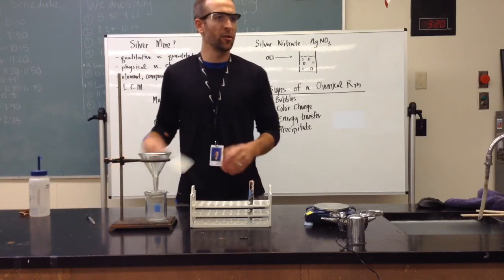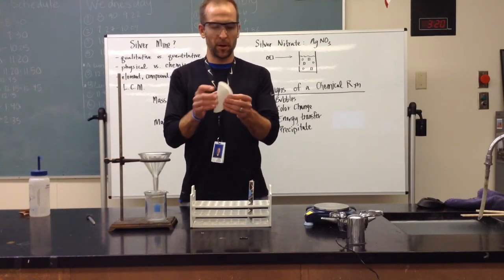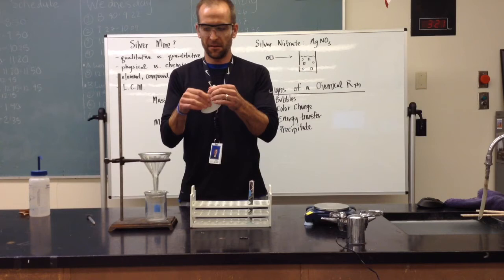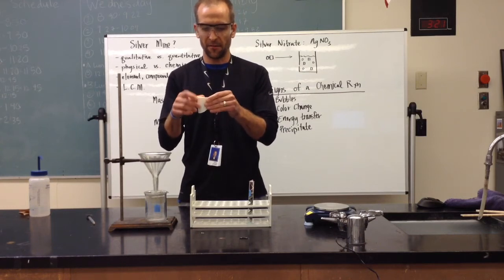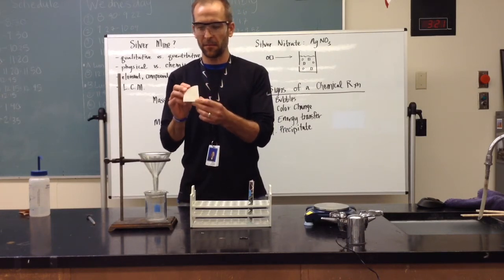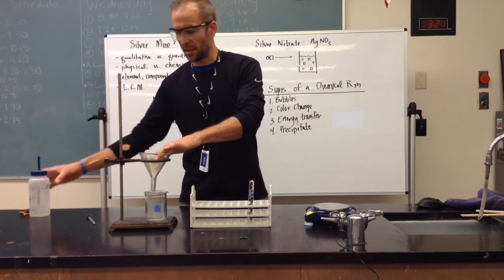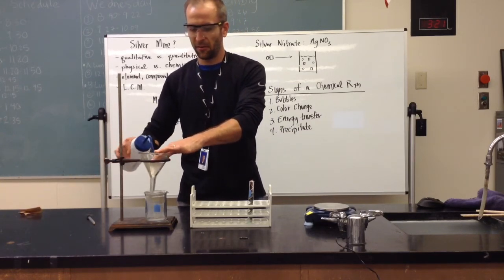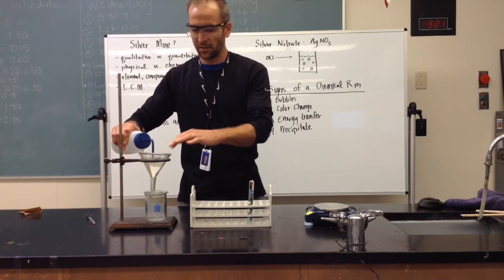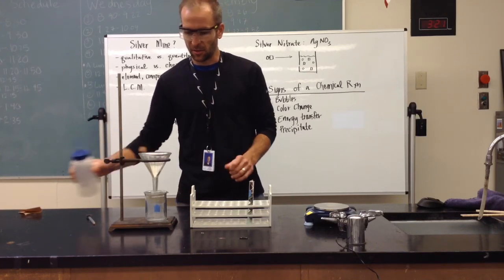First thing we need to do is fold our filter paper in half, fold it in half one more time, open up one of the pockets, and then place that in our funnel and wet it down just a little bit so that it's ready to do some filtering.